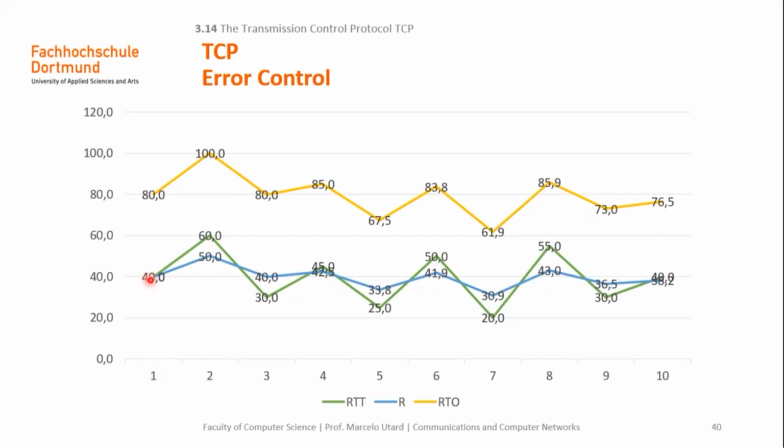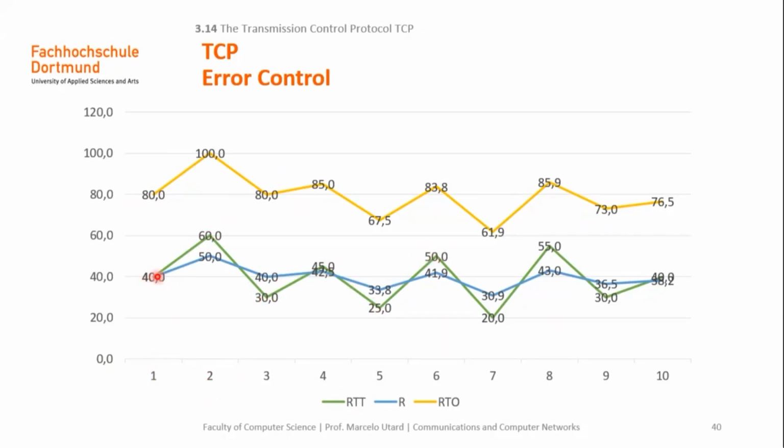Here, for instance, we measure that the round trip time was 40 milliseconds, and in this time 60 milliseconds, in this time 30 milliseconds, in this time 45 milliseconds, in this time 25 milliseconds.